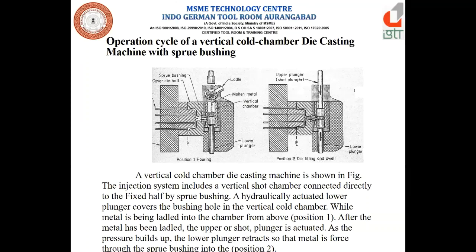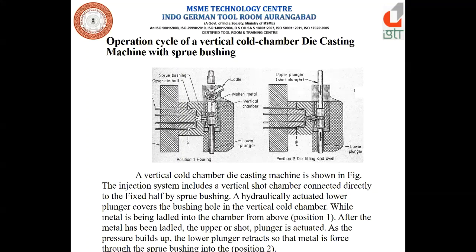In this vertical cold chamber die casting machine, the plunger unit is part of the machine itself, and there are two plungers, a lower plunger and a shot plunger. The lower plunger acts from the bottom side, and the upper plunger, also called the shot plunger, acts from the top side.